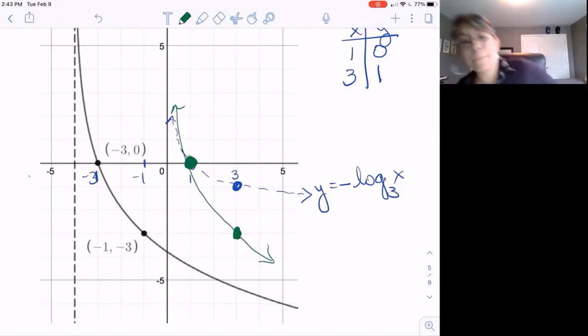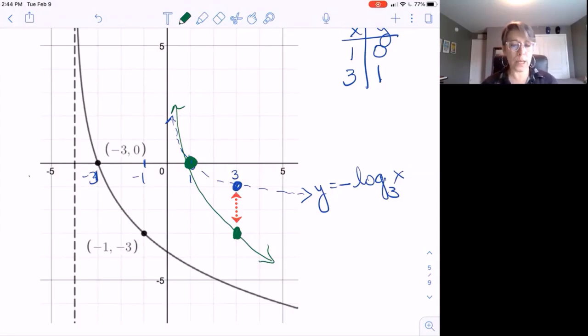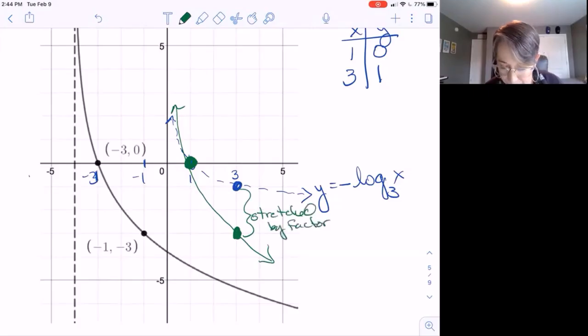And now we can compare our y values. Well, the y value in our first point at 0 doesn't change. It's still 0. Remember, if you multiply 0 by any factor, it's going to stay 0. So that point's not going to move. But the point where x equals 3 is down here at y equals 1, and then it got moved down to y equals -3. This here got stretched by a factor of 3.